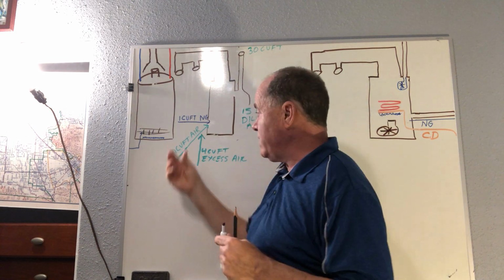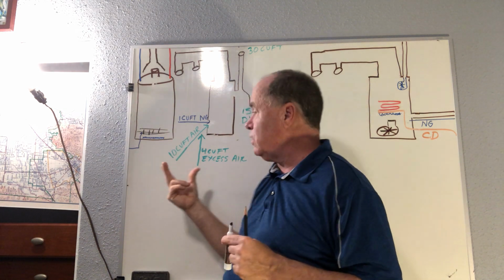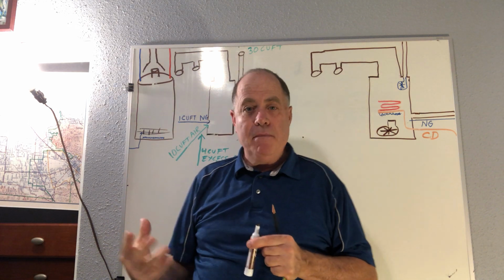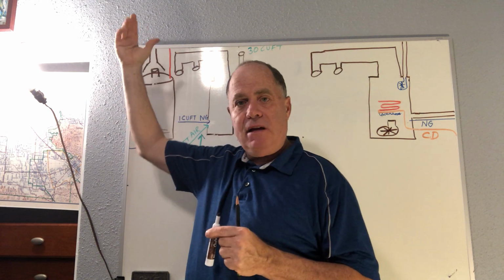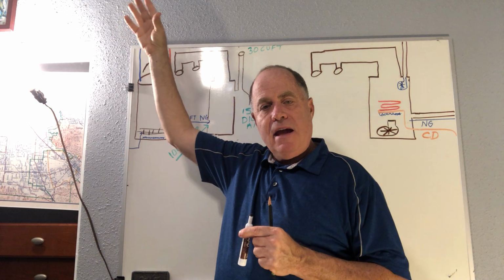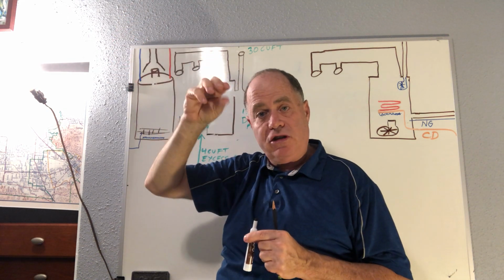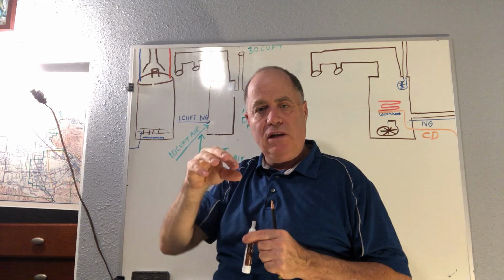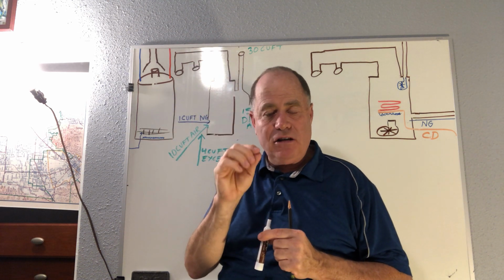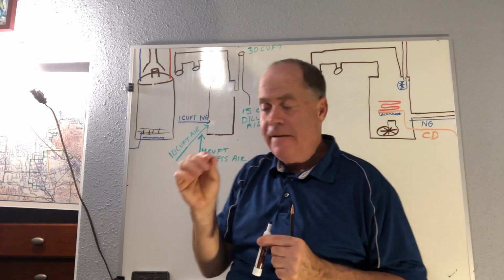When you burn natural gas and oxygen, you get water vapor. But as you go up the chimney pipe, it's cooler, and if it's not moving up at a very good rate, it can hit the cooler chimney pipe and condense back into a liquid. And that's actually fairly acidic water.